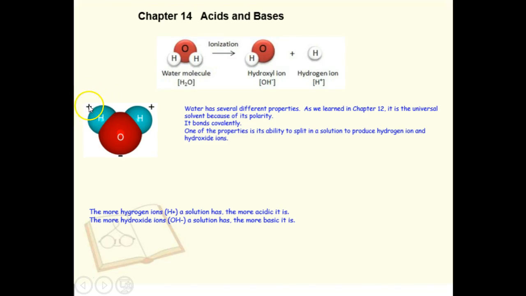The positive sides are because the electrons that the hydrogens have spend most of their time around the oxygen with the oxygen valence electrons. They do come here a little bit, but most of the time is spent here. So because the oxygen has these two more electrons in there a little bit more often, this side becomes negative and the hydrogen side becomes positive. So that's one thing we learned about the water molecule.